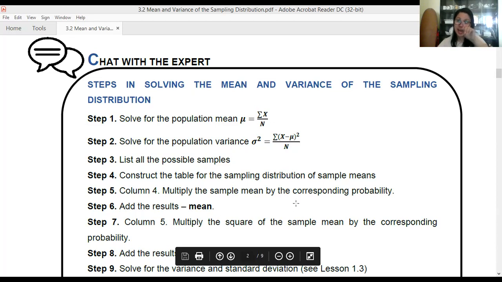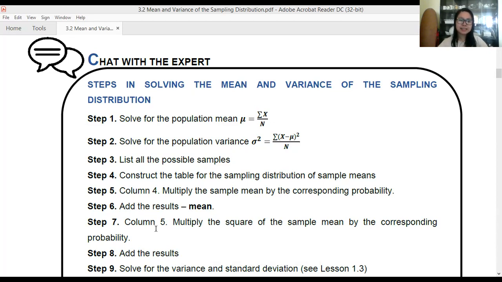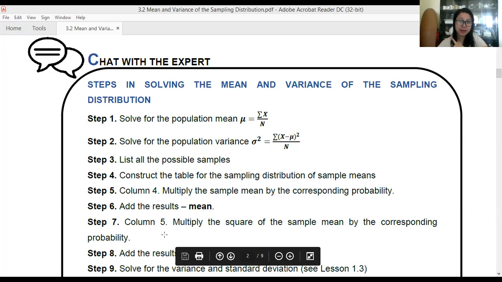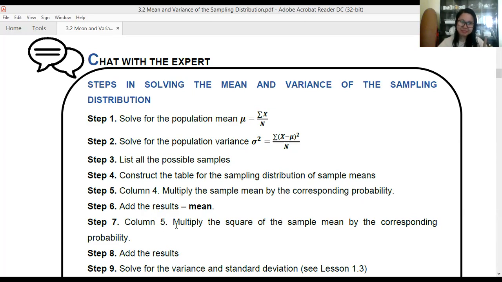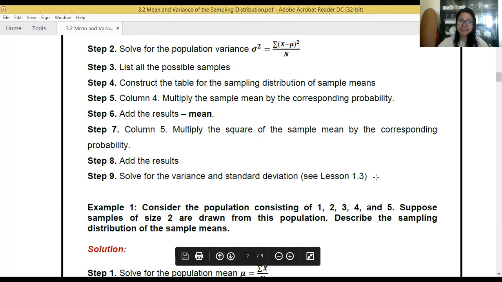This is the X times P of X. Step 6, we'll add all in the column. That's the mean, remember? In step 7, we will multiply the X times P of X column by the X column again. We'll add them all. And in step 9, we'll solve for the variance and the standard deviation.